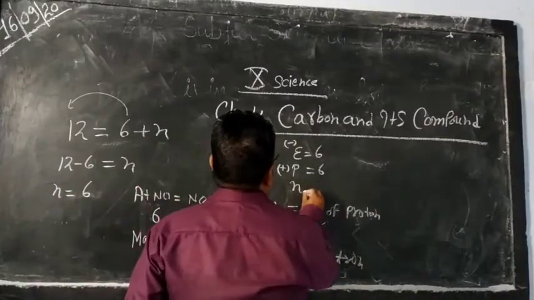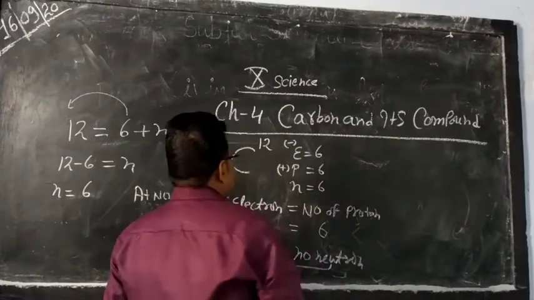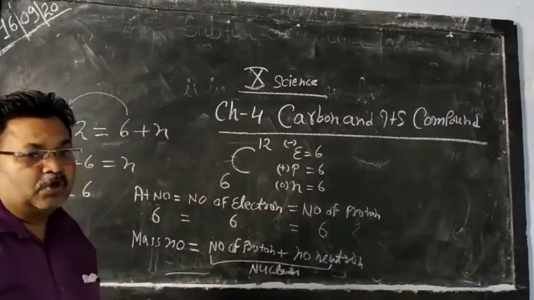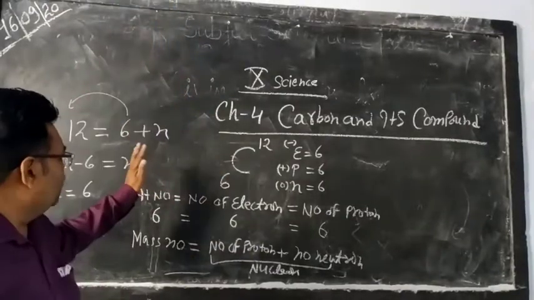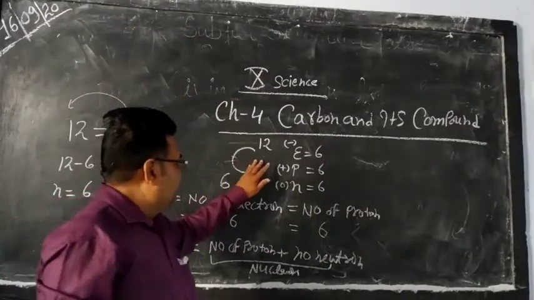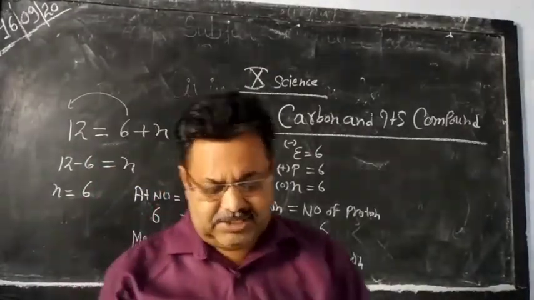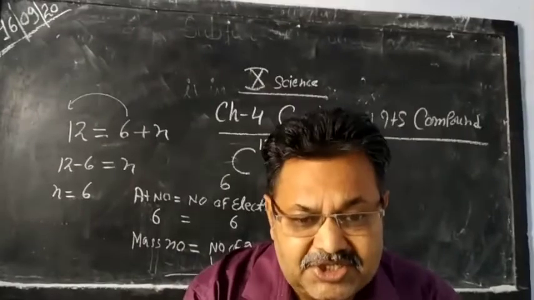So the number of neutrons in a carbon atom is also 6, and it is a neutral species, which means a neutron has no charge. So this is carbon.